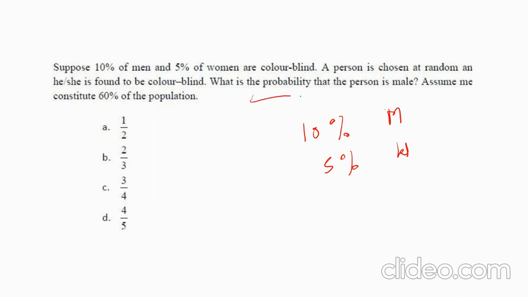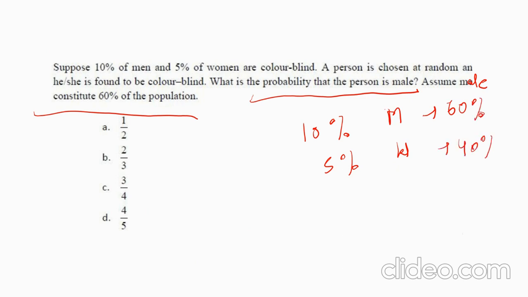Then, what is the probability that the person is male? Assume that males constitute 60% of the population, so 60% are male and 40% are female.